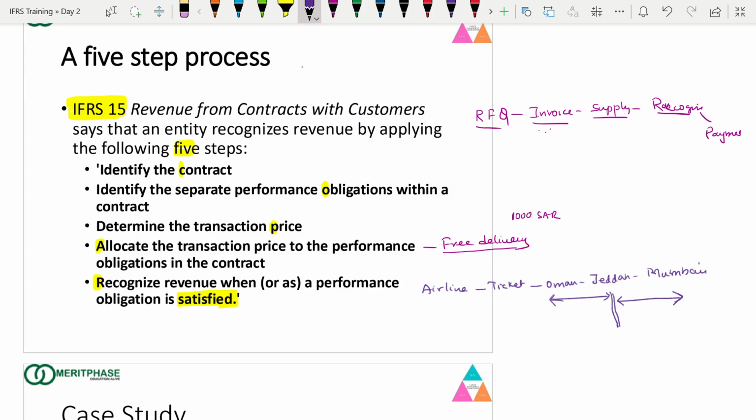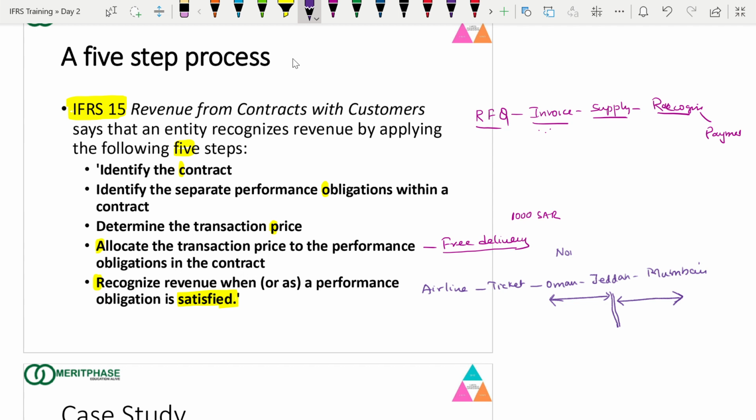If a person is not traveling from Jeddah to Mumbai, or he missed the flight, then it is as per contract or as per the rules we have given in the ticket. But if he is in Jeddah and his flight is day after tomorrow, only once the obligation is completed will we recognize the revenue.